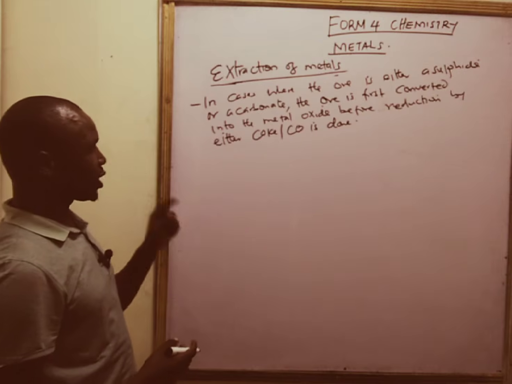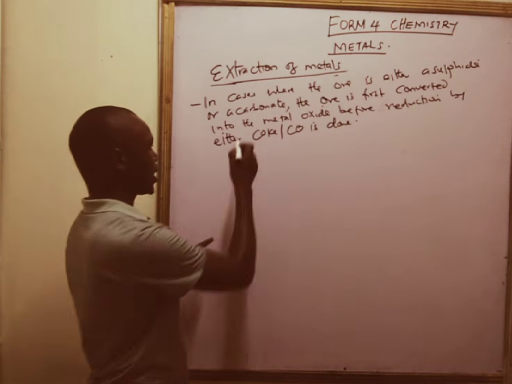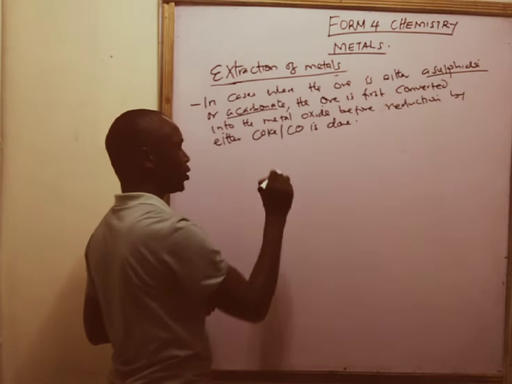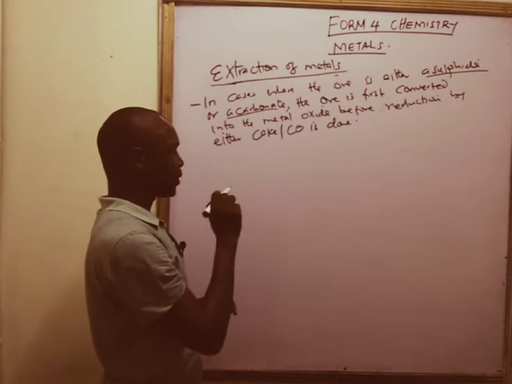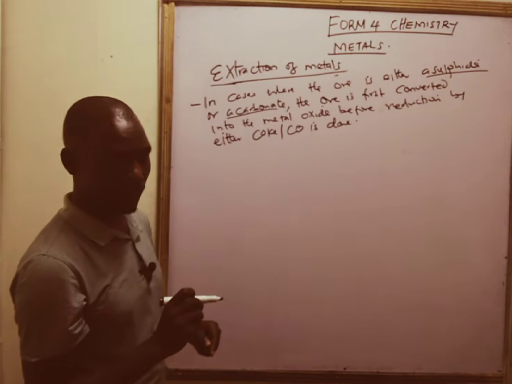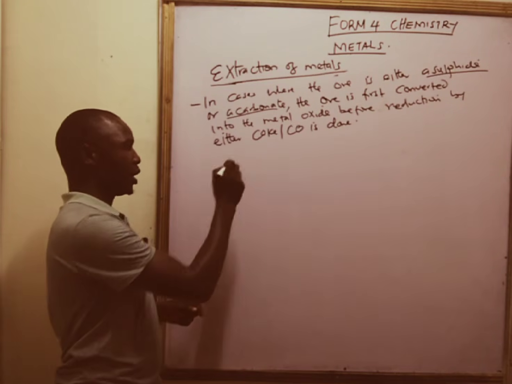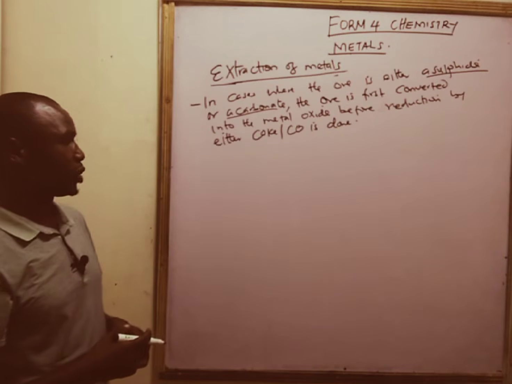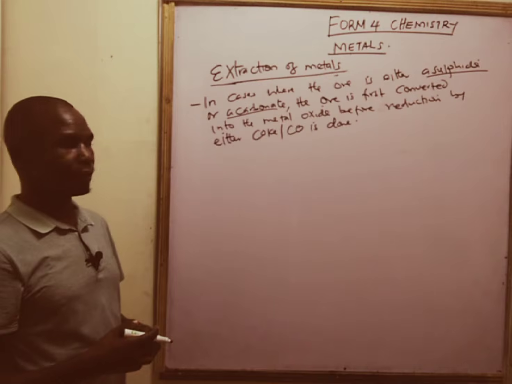That is, the ore is first converted into the metal oxide before that metal oxide is reduced by either coke or carbon 2 oxide into their respective elements.